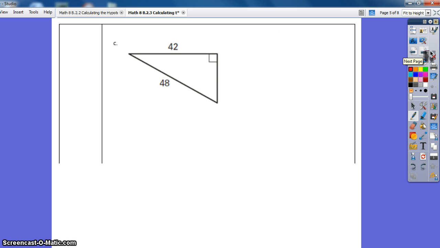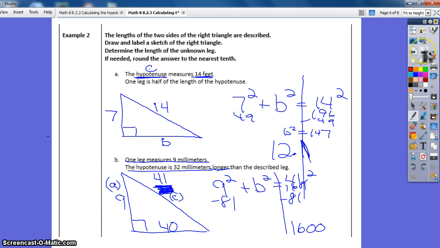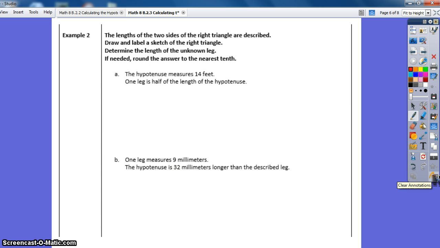Actually, we're going to skip the next one for time. Let's go right here, Example 2, because you have to draw these. These are on the back of your worksheet. So let's draw ourselves a right triangle and label it.